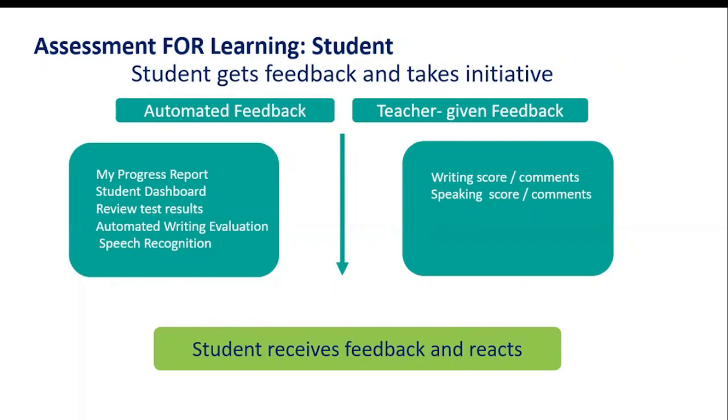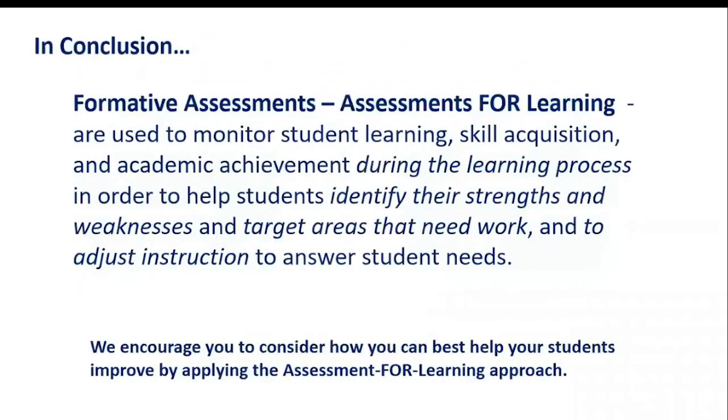With regard to the teacher, they get score and comments for the writing and speaking and anything else the teacher would like to say. All right, so students should use this data. They should use this information, right, in order to reflect on their learning, identify weaknesses, and then make adjustments accordingly, make decisions accordingly.